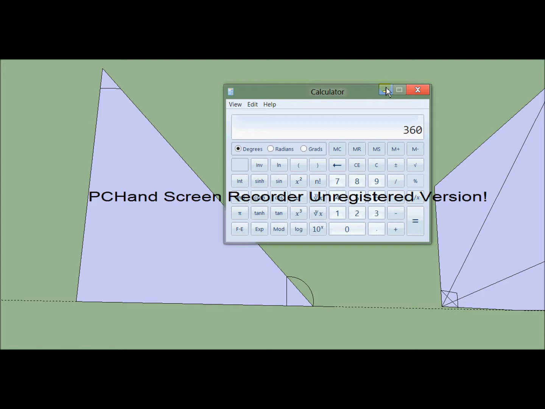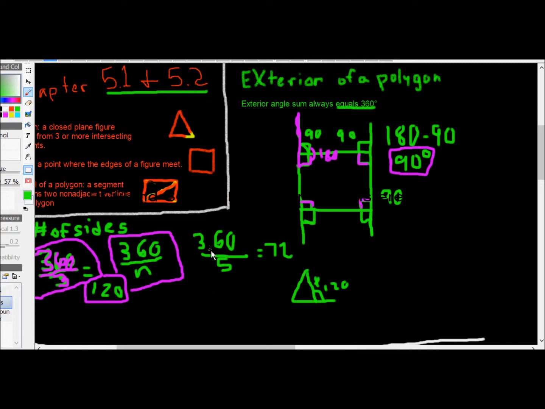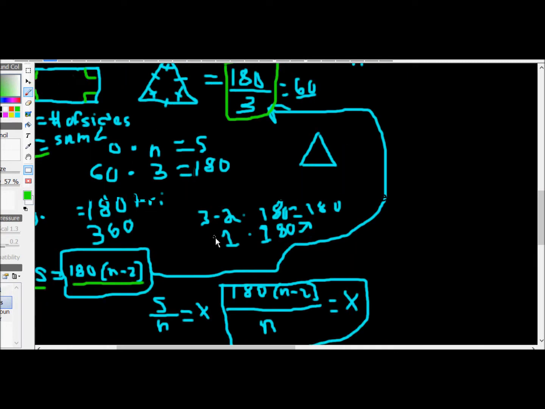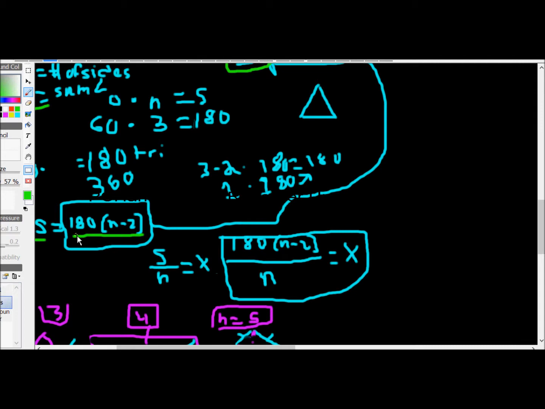We have gone over the interior, which is the 180 times n minus 2. So remember that the sum of the interior is 180 times n minus 2, while one interior angle is 180 times n minus 2 divided by n.